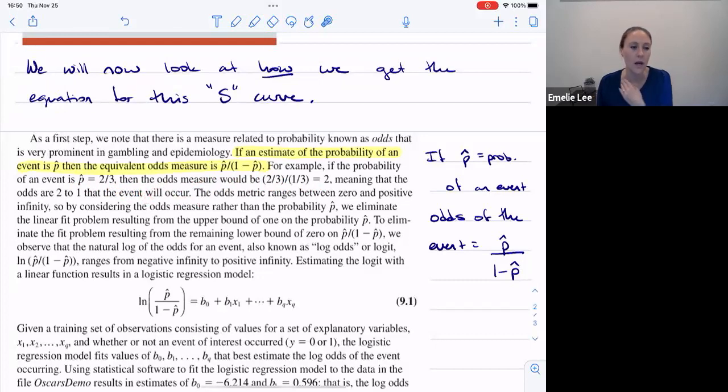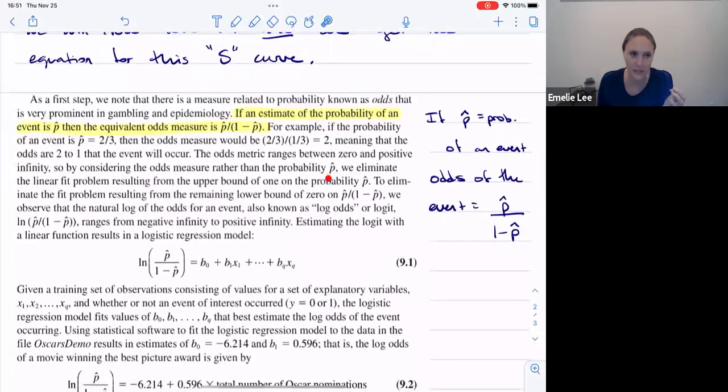Okay, so the odds go from 0 to infinity. Probability only ranges between 0 and 1, but now the odds are going to go from 0 to positive infinity. So there's a change there.